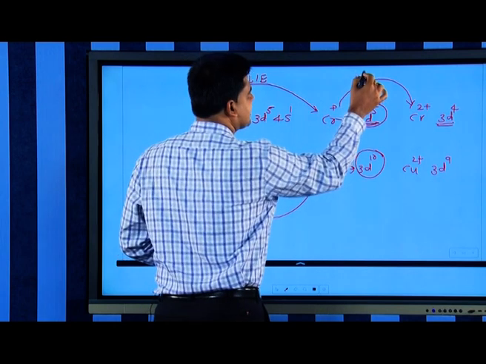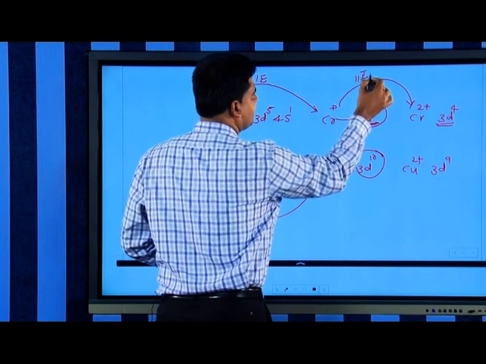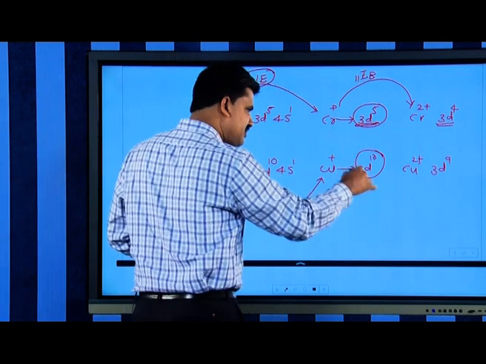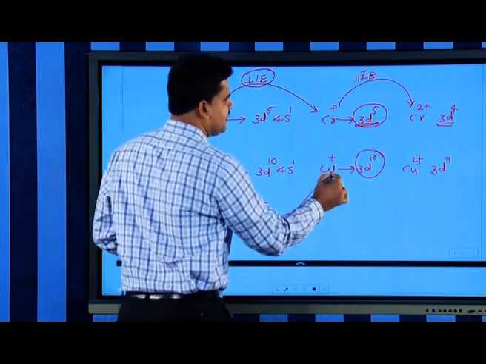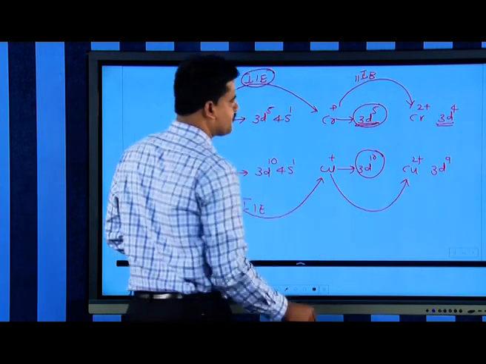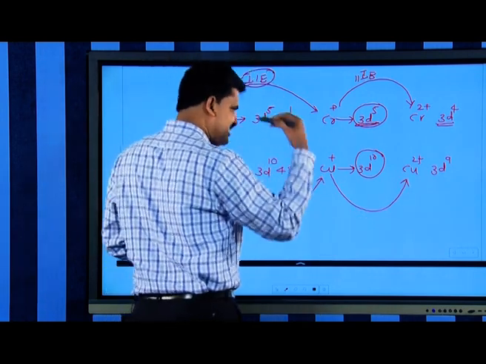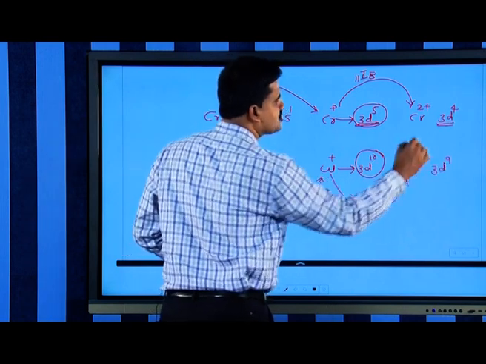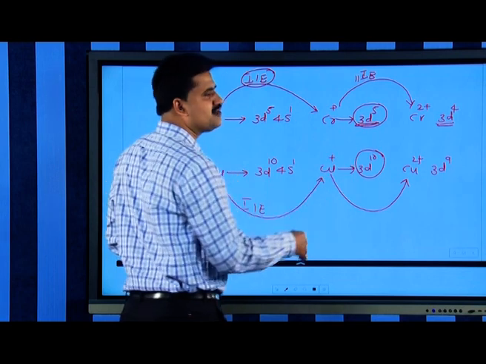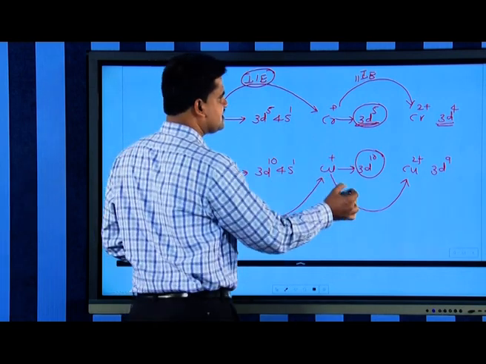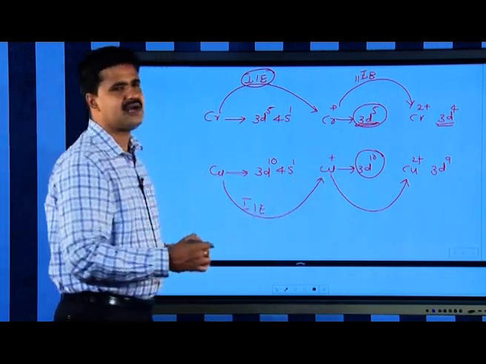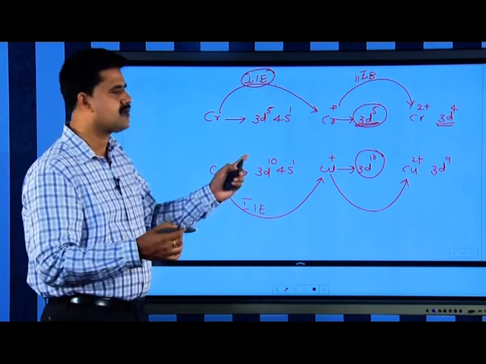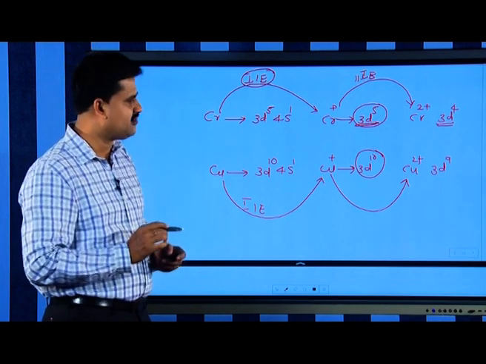That is, the second ionization energy will be very high compared to the first in the case of chromium. A similar case is observed for copper. Whenever you are converting copper+ to copper 2+, you are disturbing the electronic arrangement 3d10 and converting it to a more unstable arrangement of 3d9. For that, you have to provide very high energy. That is, for the elements copper and chromium, the second ionization energy value will be very high compared to the first ionization energy value.